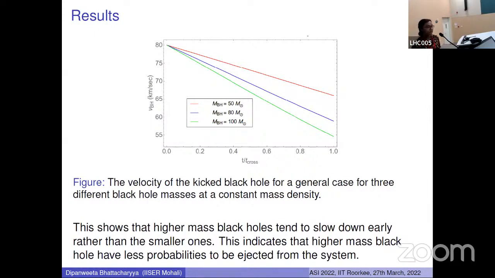It starts from there, and for three different masses of black holes, we see how it goes down within one crossing time. Here we can see that for higher mass black holes, it goes down much earlier compared to the other cases. Therefore, higher mass black holes tend to slow down early, which indicates that they have less probability of being ejected from the system.